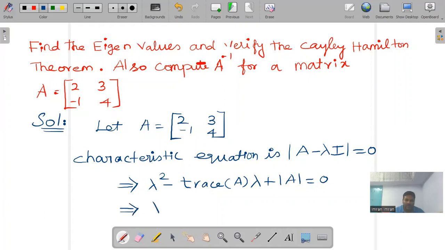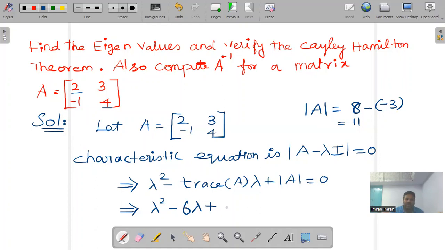Now lambda square minus trace of A. Trace of A is nothing but adding the diagonal elements 2 and 4. So 2 plus 4 is 6 lambda, plus determinant of A. The determinant of A is 2 fours are 8 minus of minus 3, so 8 plus 3 is 11.